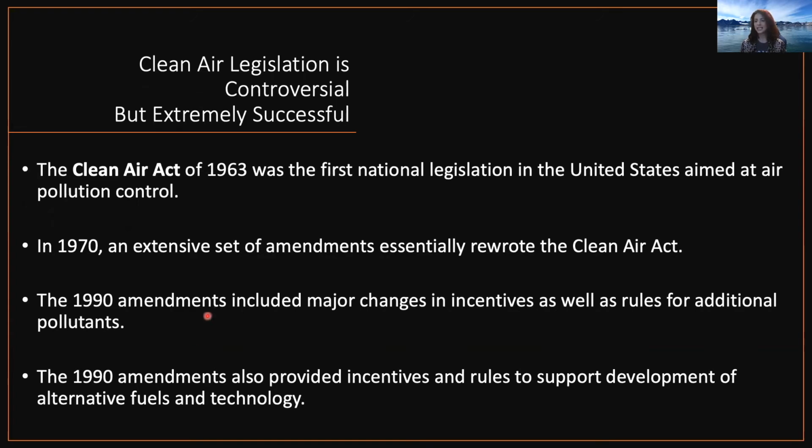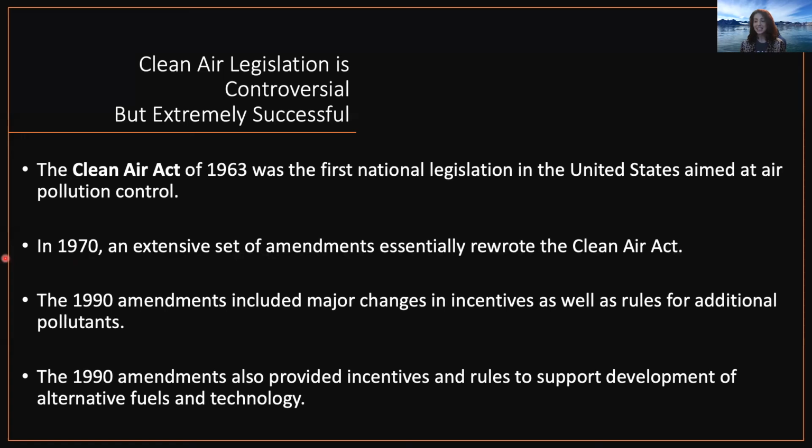Within those 1970 amendments, rules were also established for standards that are intended to protect human health. Those are primary standards. They also included in those amendments secondary standards to protect materials, crops, climate, visibility, and personal comfort. So a whole lot happened in the 1970 Clean Air Act amendments.